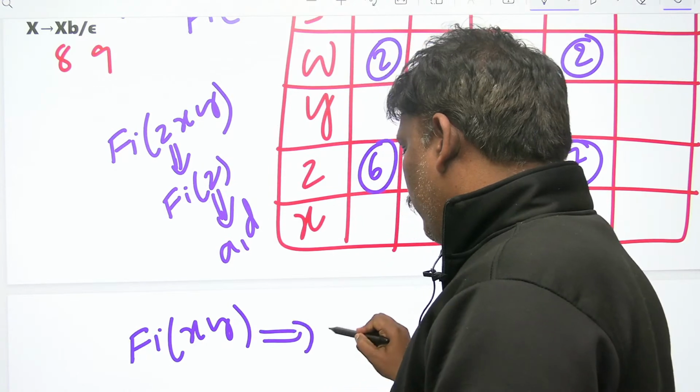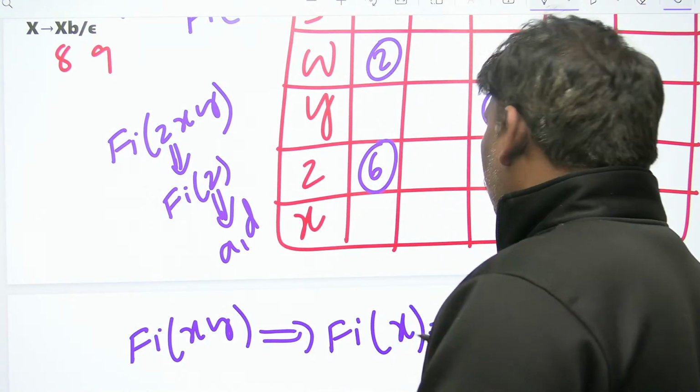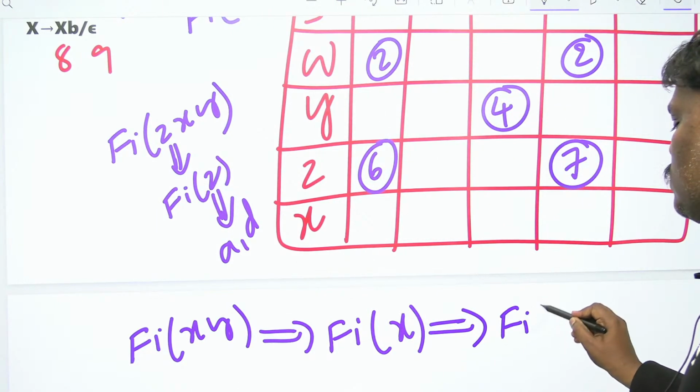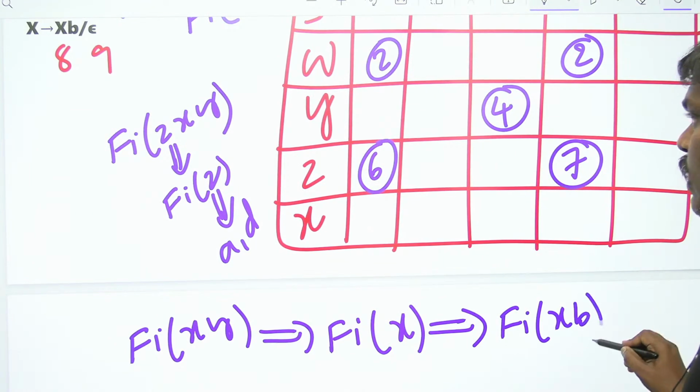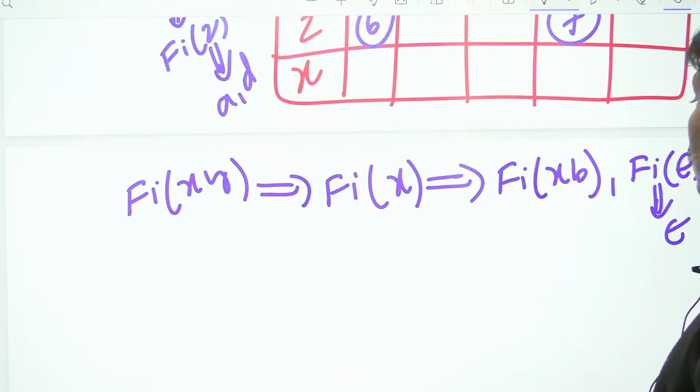What is first of X? First of X is first of XB, comma, first of epsilon. First of epsilon is epsilon, okay?